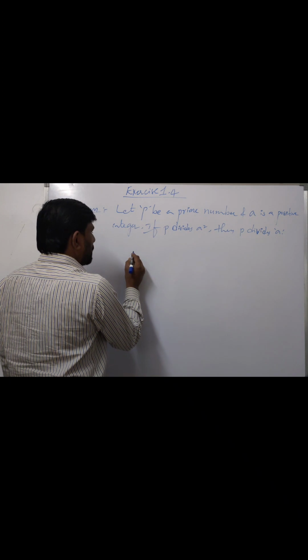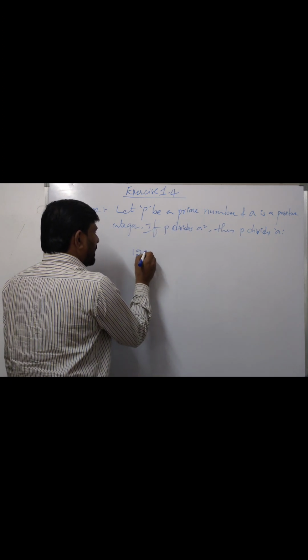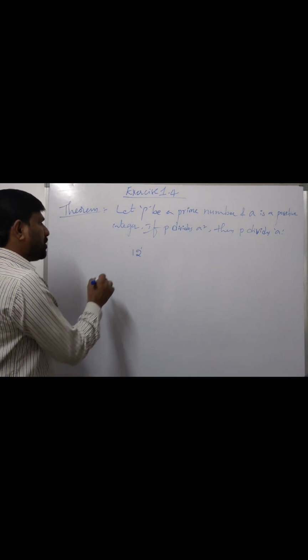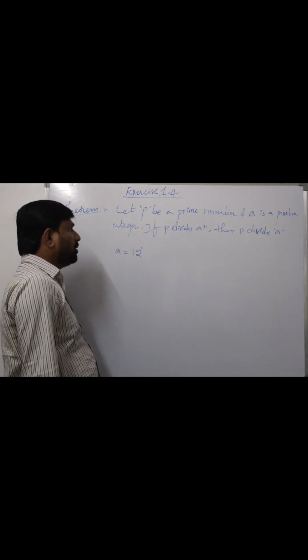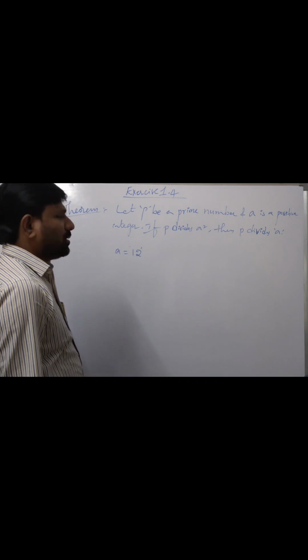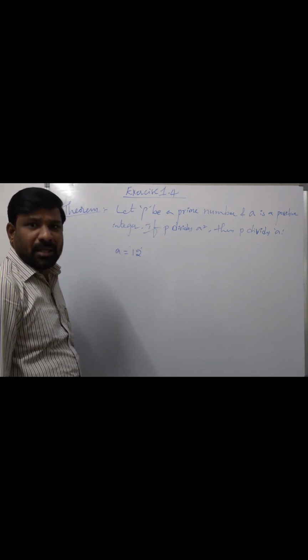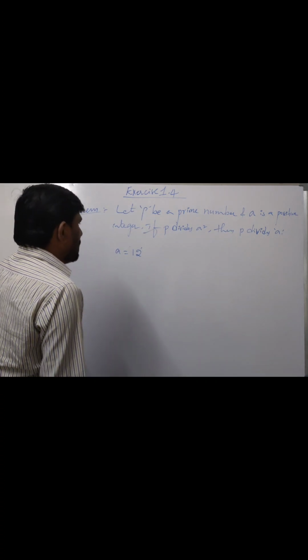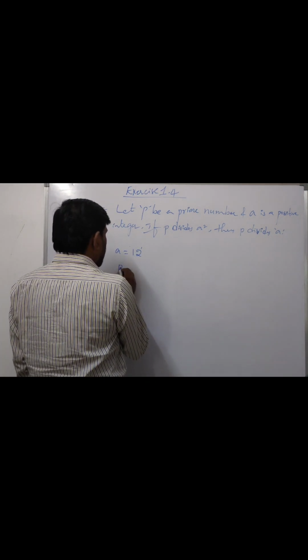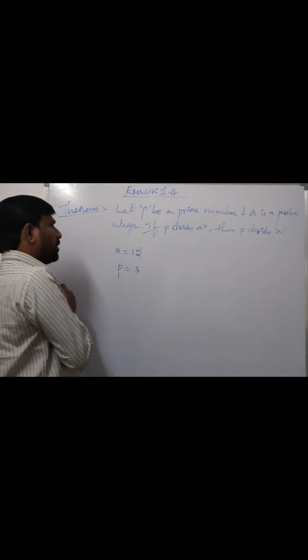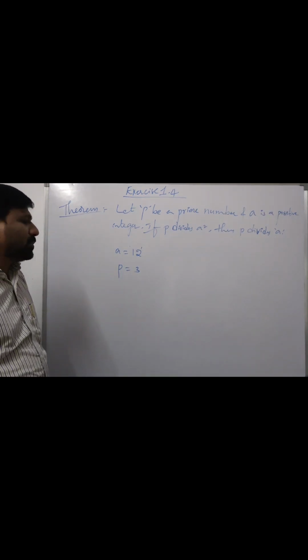Suppose you take any number. Let us say A is equal to 12, which is a positive integer, right? Now, P be a prime number, let us say P is equal to 3.